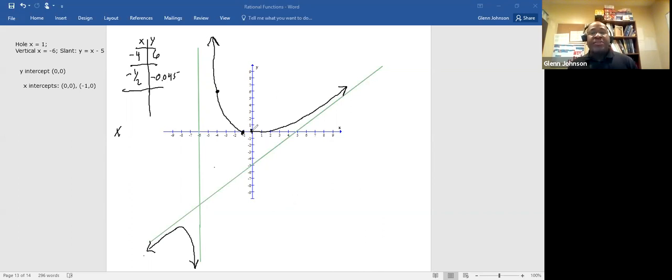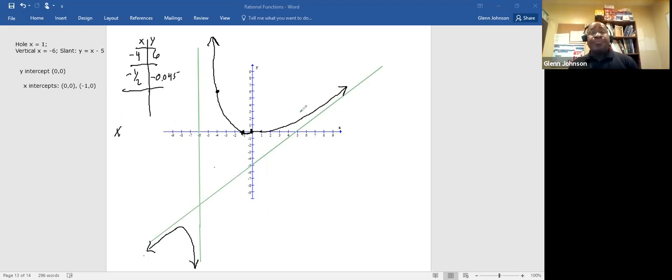Between -1 and 0, at -1/2, we got negative 0.045, very small but negative. So that means it's going to go below the x-axis and then make its way back up to 0 and then go up from there.